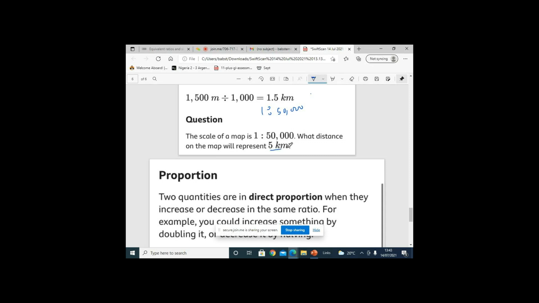What if you want to change this one to centimeters, just like the scale? You have to change it to meters first. That's going to be 5,000 meters. Then you now change it to centimeters. You add two zeros again, so it's going to be 500,000. So you put 500,000 here.